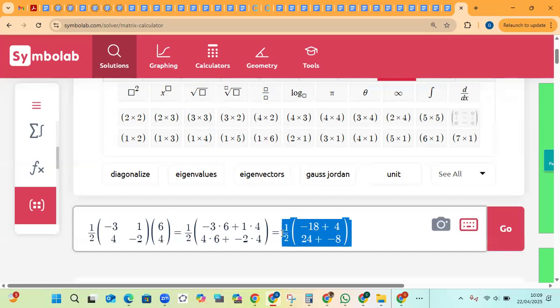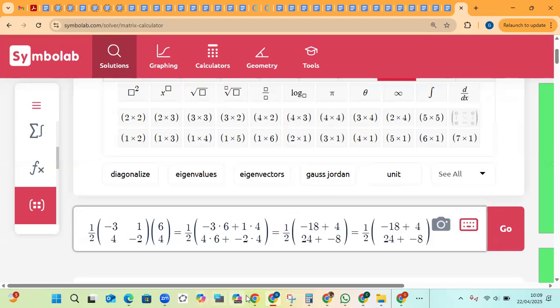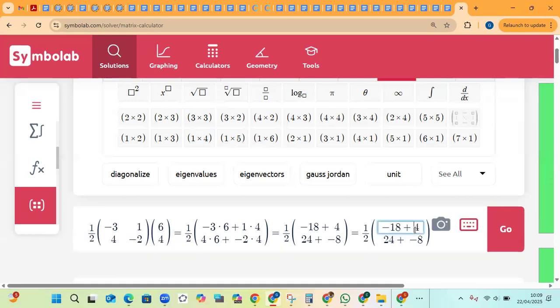And basically what we're going to have here now is negative 18 plus 4. We are going to take 18 from 4, so you will still have 14 to take out, so that's negative 14. And if you take 8 from 24, that will give you 16.